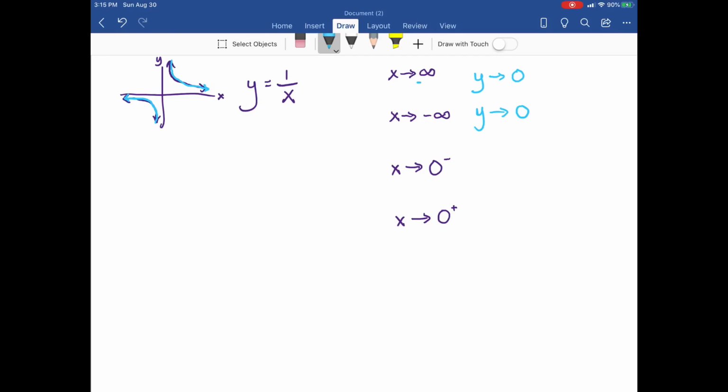Look at the graph as well and think about numerical values like -1/10, right? If I plug in -1/100th, what happens when I plug in -1/10 into 1 over x? I get -10. What happens when I plug in -1/100th? I get -100.